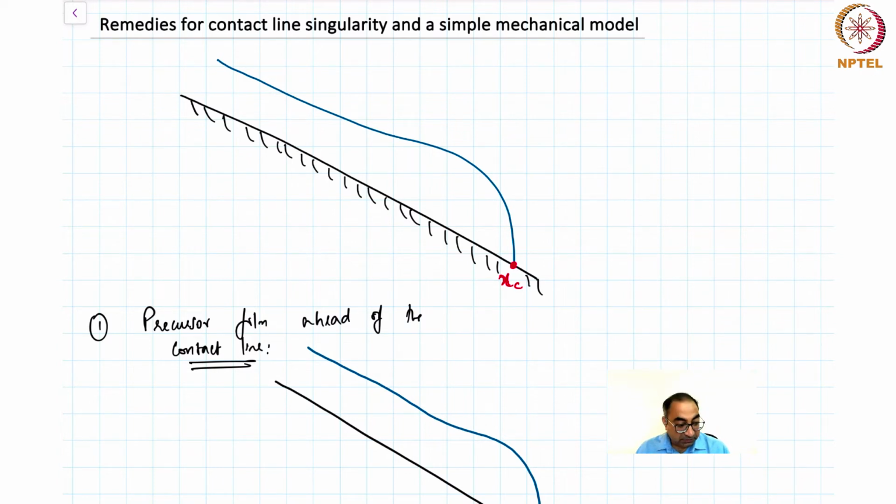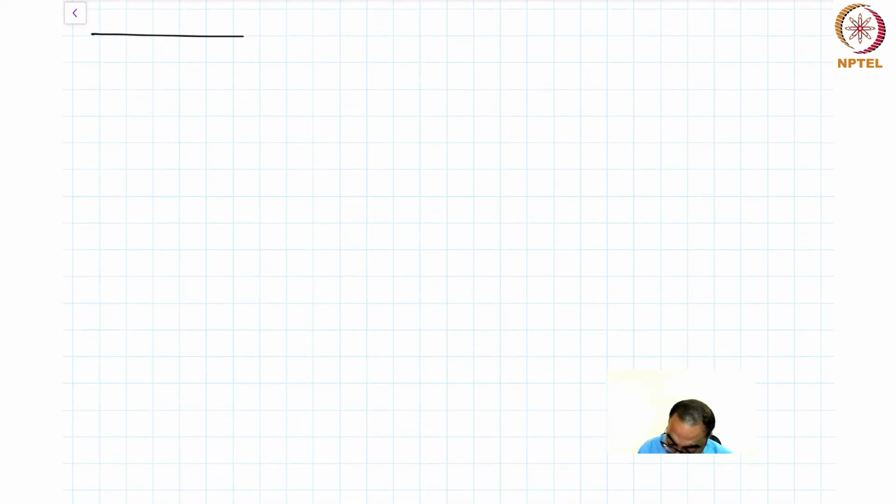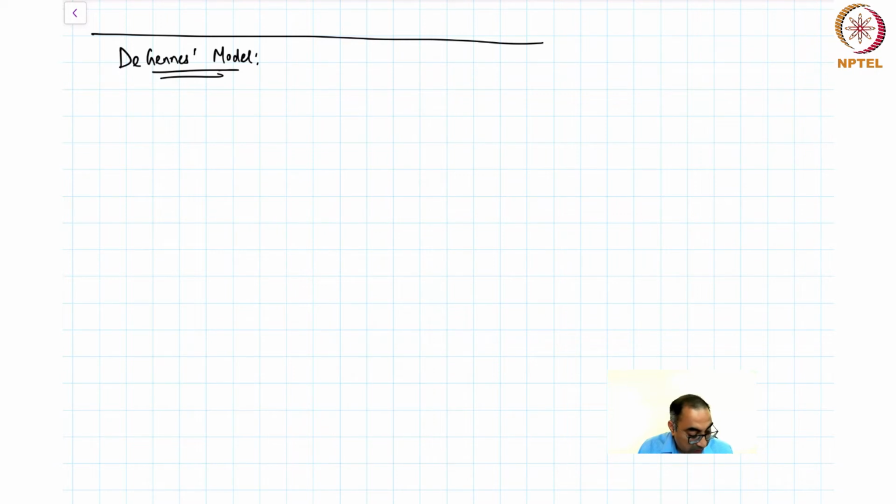So we'll look at one simple mechanical model. This is thanks to Professor Degennes. So the idea is basically the following. So this is Degennes' model. Let's quickly understand what the Degennes model is about.